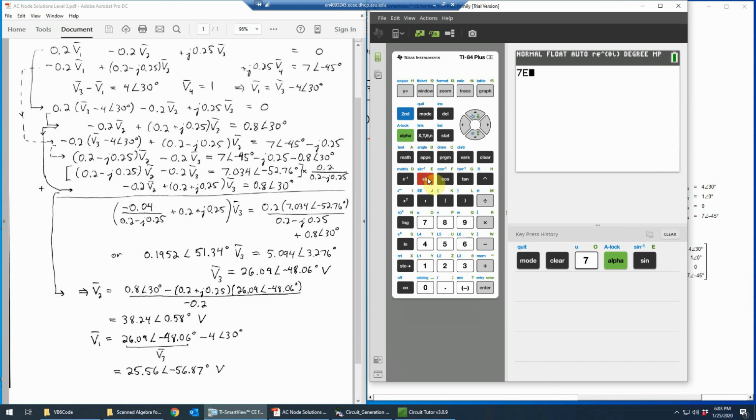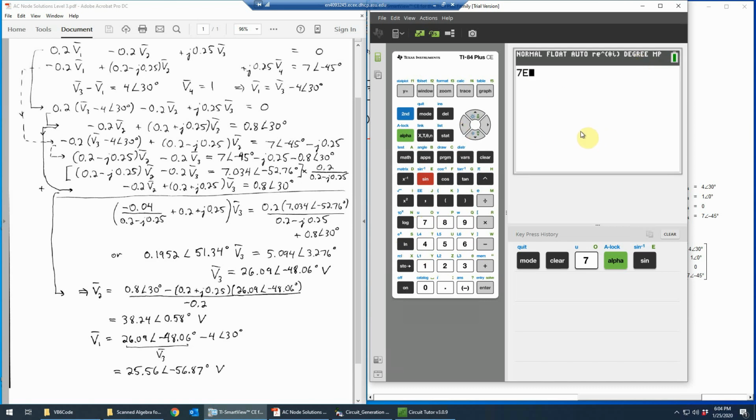And that e is a pre-programmed value, which is just little e, the base of the Neperian logs, to the power i, pi, divided by 180. And that's because this calculator has a quirk that all the arguments of complex exponentials must always be in radians, even when you're in degree mode, which is a little strange, but that's the way this calculator works. So we have to deal with that.